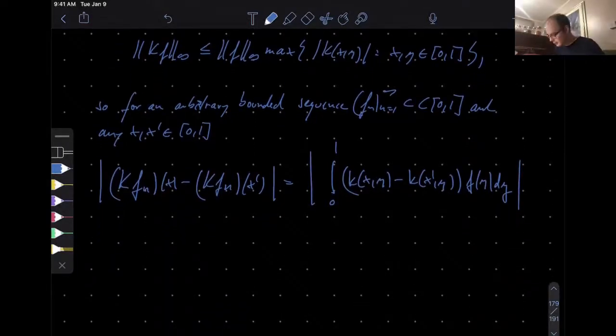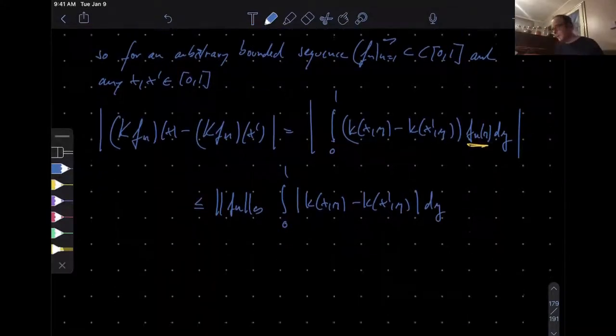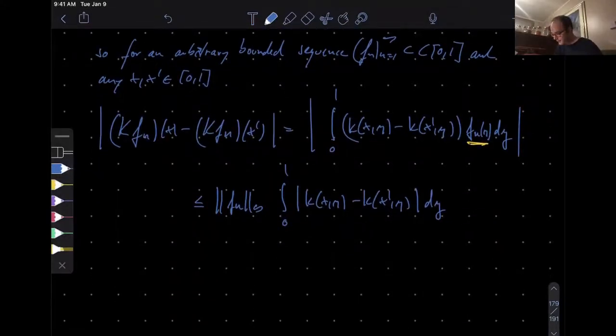So now you do the standard trickery again. You go inside with the absolute value, you optimize the f(y) part. Actually, there's an n, the subscript n, because these are f_n of y. So you optimize those, you get the infinity norm out, and then inside you have k(x,y) minus k(x prime,y), something which does not depend anymore on small n, the index that the members of your family run through.